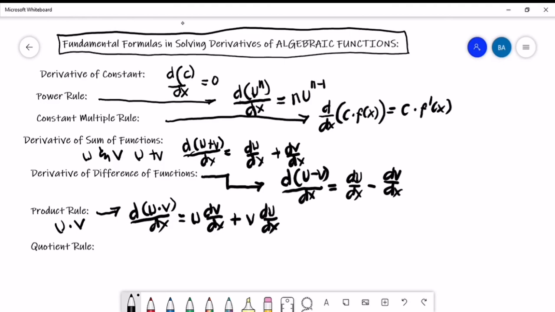So that's it. The last one is about the quotient rule.